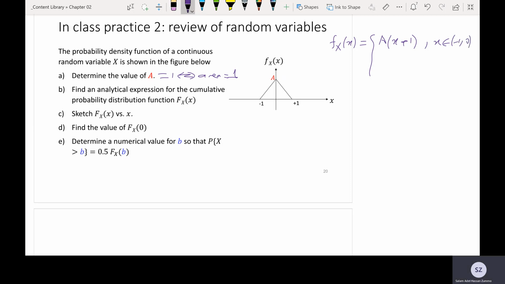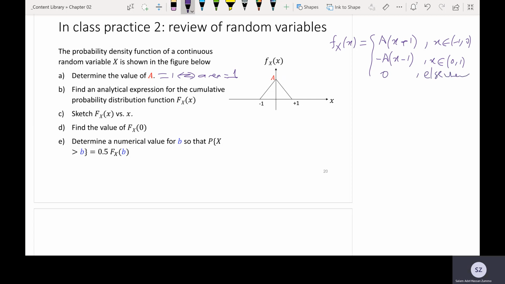And what about the other part? It's minus x plus 1, with the opposite slope, and this belongs to x between 0 and 1, and it's 0 elsewhere.